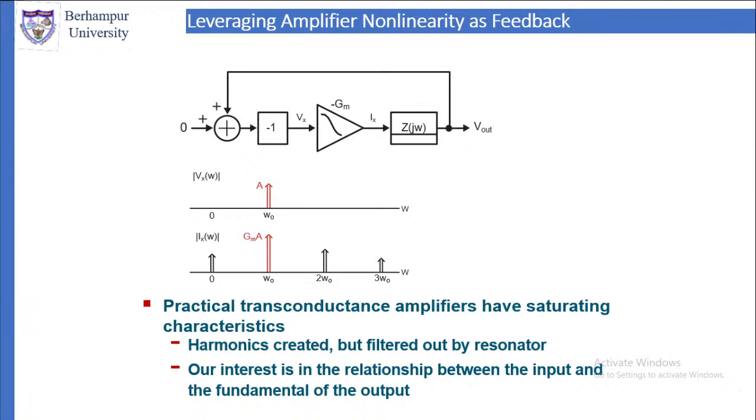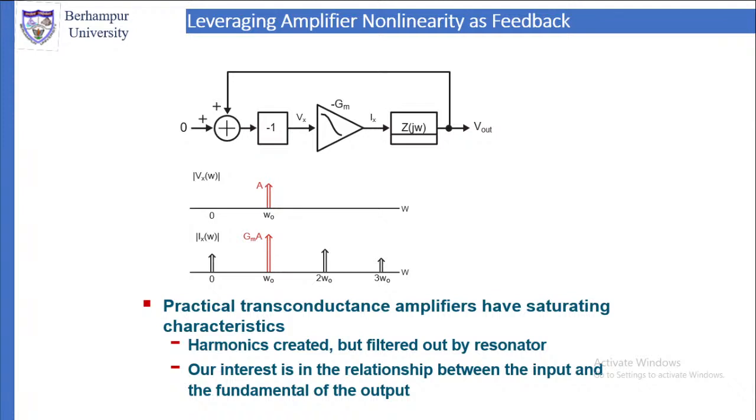So GM into RP is the gain, where GM is the transconductance. Then the current from that amplifier goes to the tuned circuit. The output of the tuned circuit comes back and is used as the feedback.